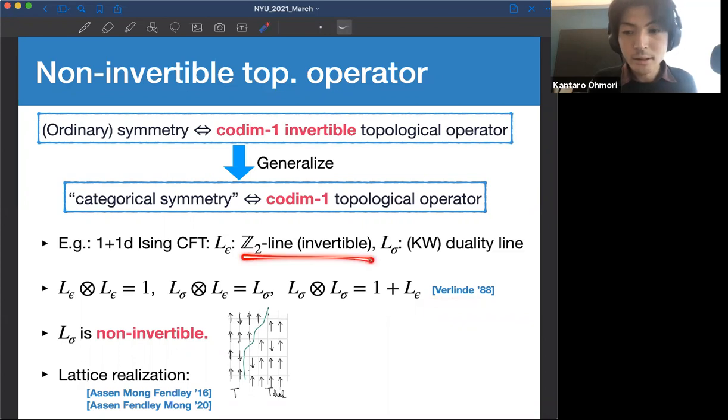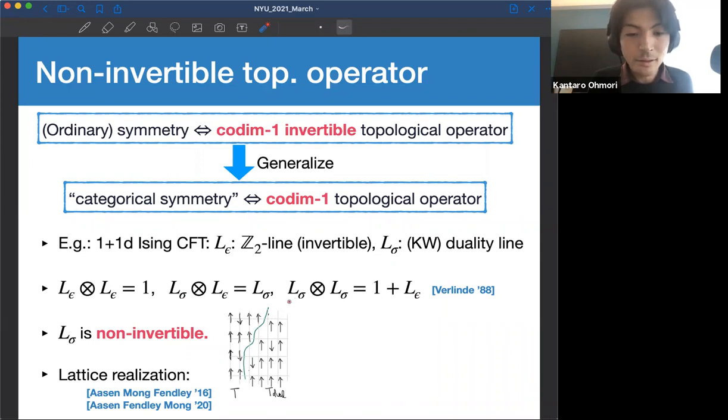Again, there is a Z2 symmetry and a Z2 symmetry operator, which is invertible. But there's an additional thing that implements the Kramers-Wannier duality line. The fusion rule is that fusion with itself gives the identity operator, however, it also gives an additional term, the Z2 line.